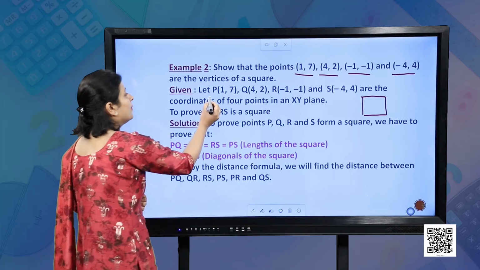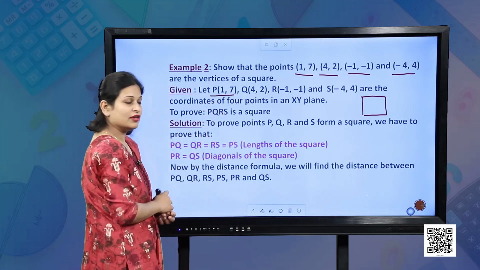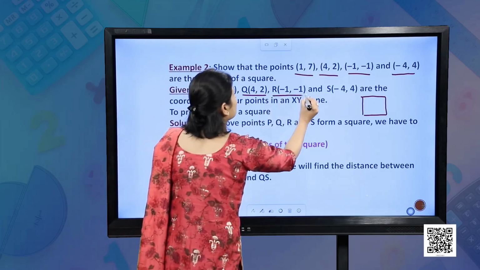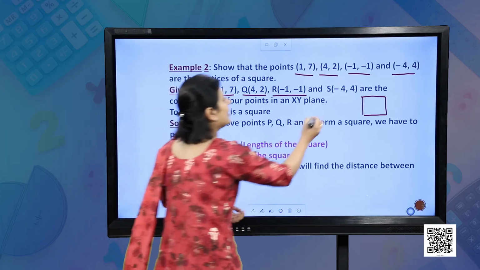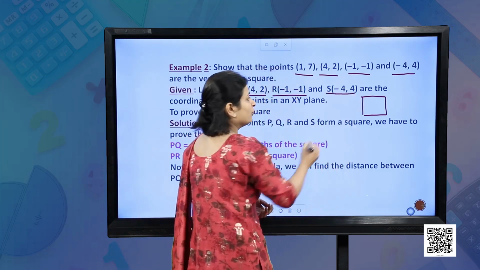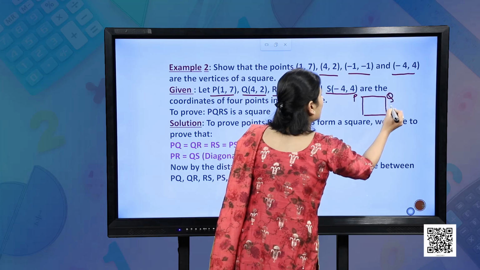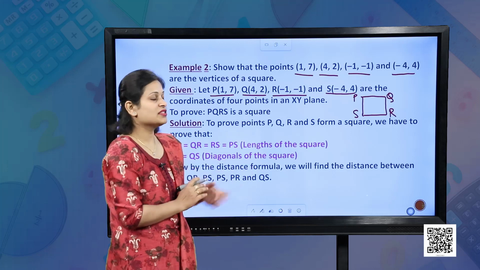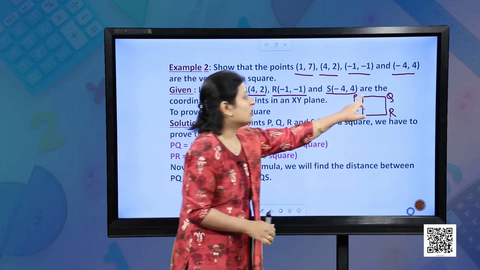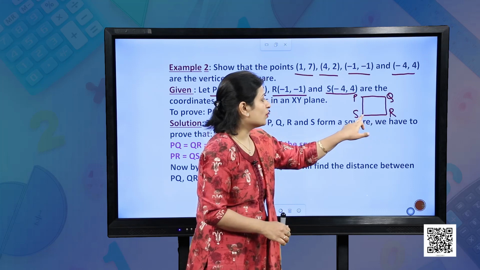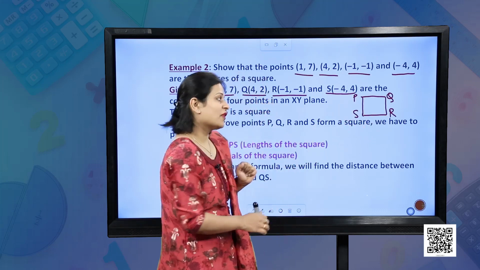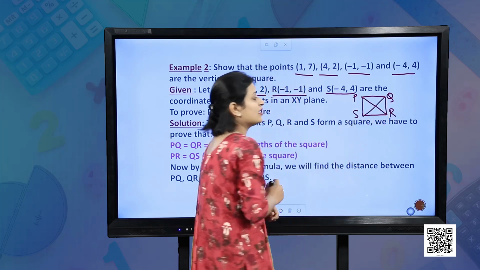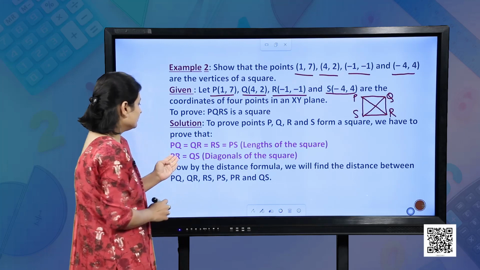So, let P be 1, 7, Q be 4, 2, R be minus 1, minus 1 and S be minus 4, 4. So, P, Q, R, S will form a square, or these are the vertices of a square, when PQ is equal to QR is equal to RS is equal to SP and the diagonals PR and QS are equal.